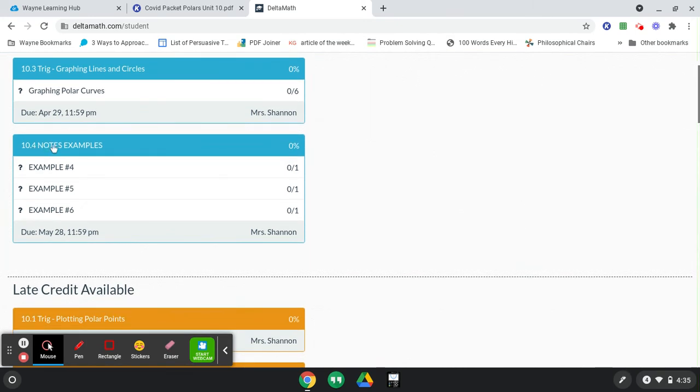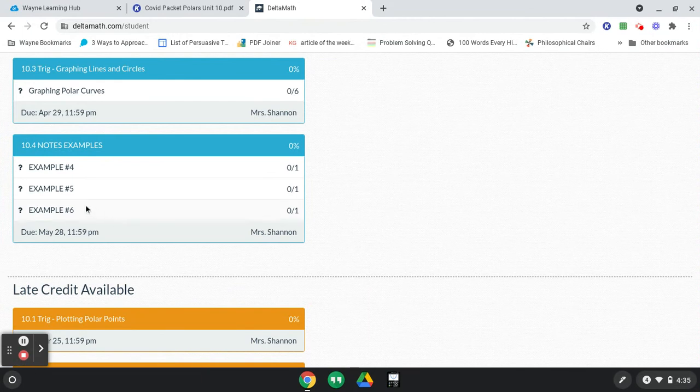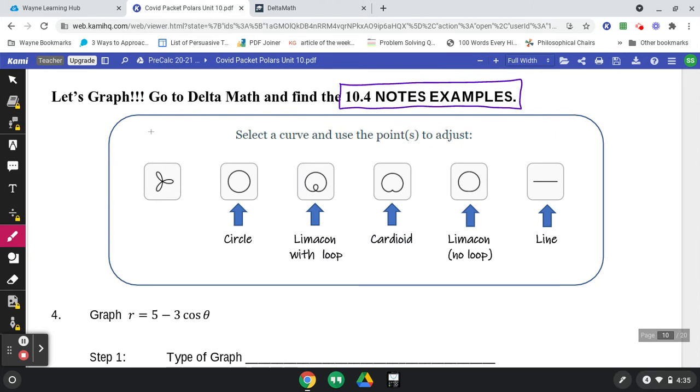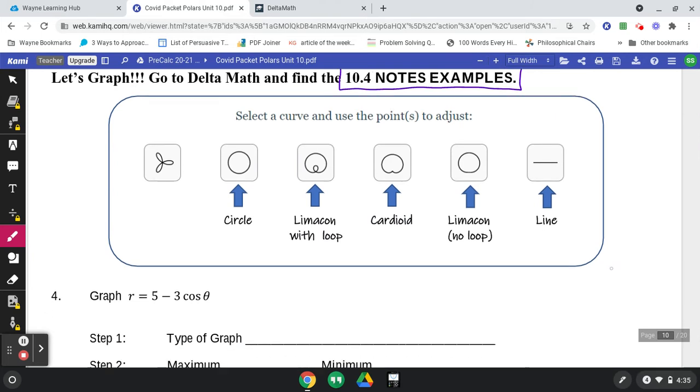So right here, 10.4 notes examples, and we'll be ready to do these 3 together. Okay, so if you're not there yet, feel free to pause, get yourself settled into Delta Math, and then pick up when you're ready.